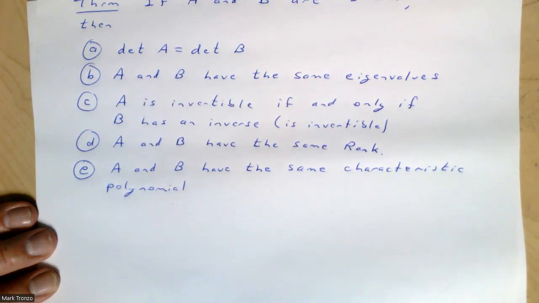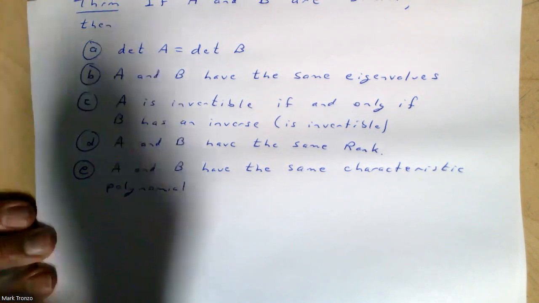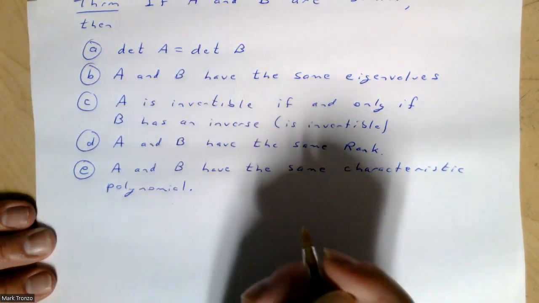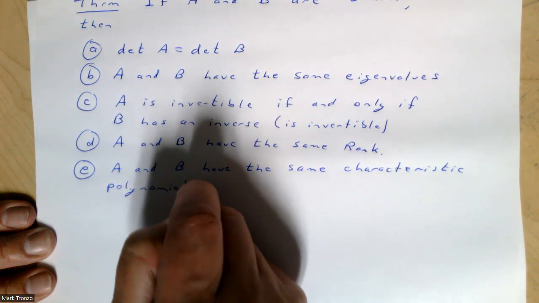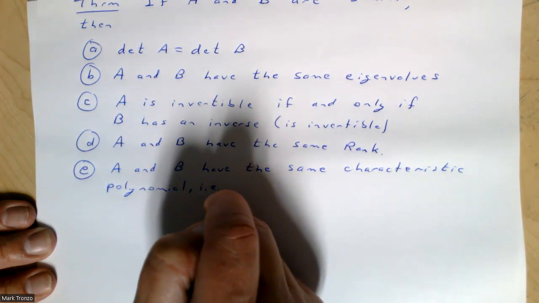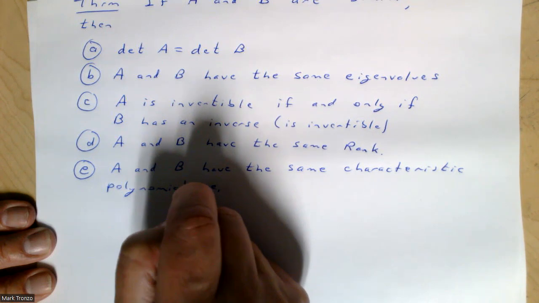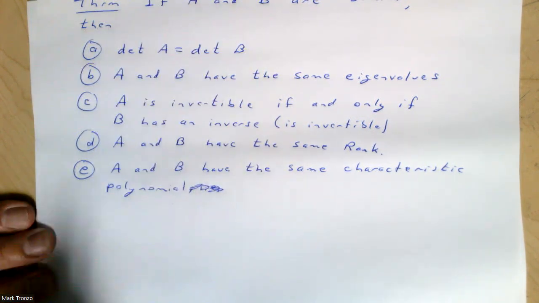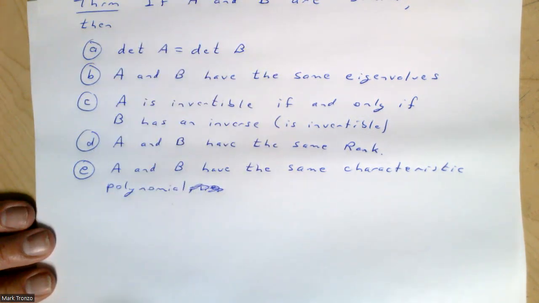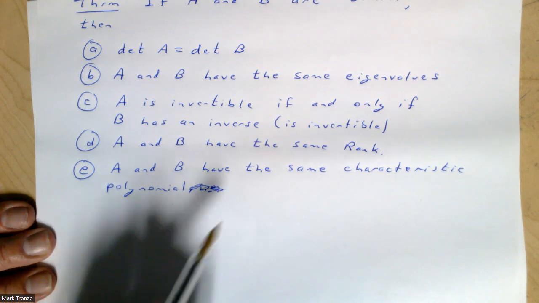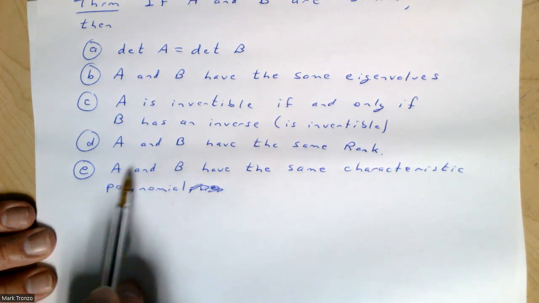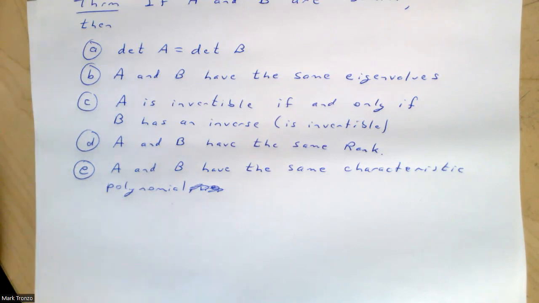Remember, that's the polynomial you get when you find the determinant of A minus lambda I set equal to 0. It's going to be that polynomial if A and B are similar.